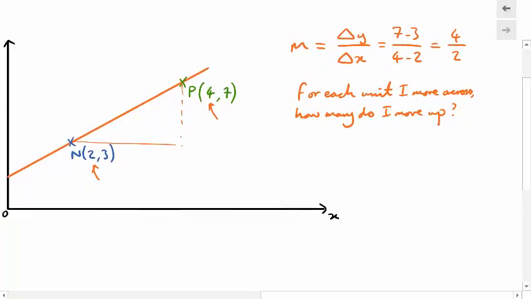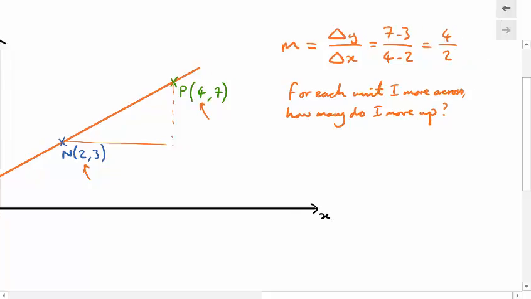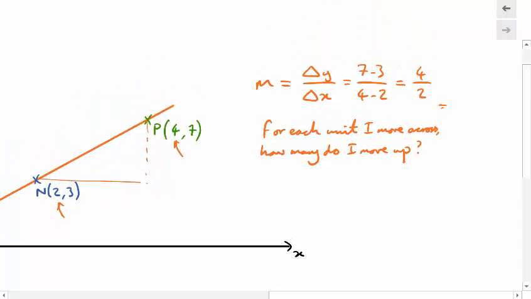And hopefully now, if we just pause very quickly, you can see why we divide by this value here. Why we divide by the 2, because if I just wanted to move 1 unit across, 4 divided by 2 is 2. So all this is basically saying is that for every unit I move across, how many do I move up?